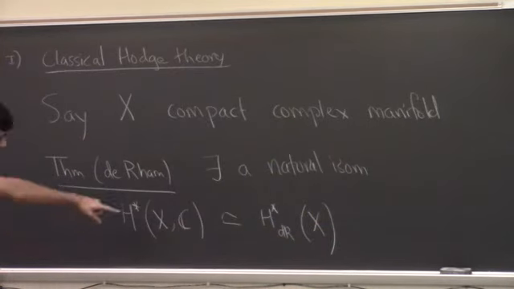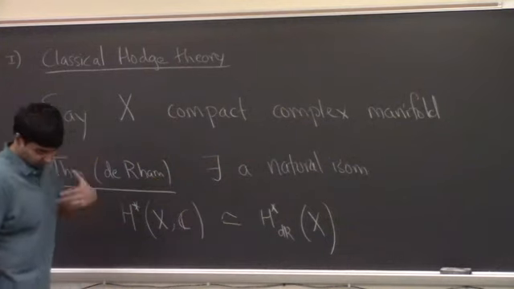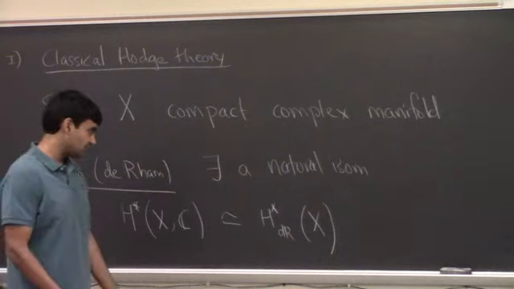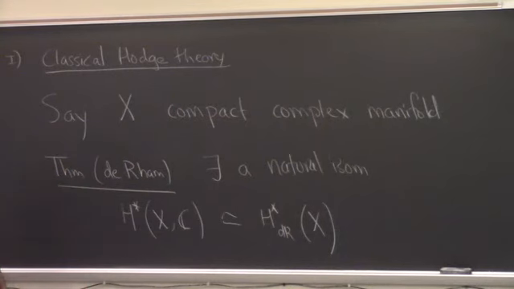So what is the right-hand side? One way to define it is to think about C infinity complex valued functions on X and form the de Rham complex associated to such objects. So you have C infinity 1-forms and C infinity 2-forms and so on, and look at its cohomology.